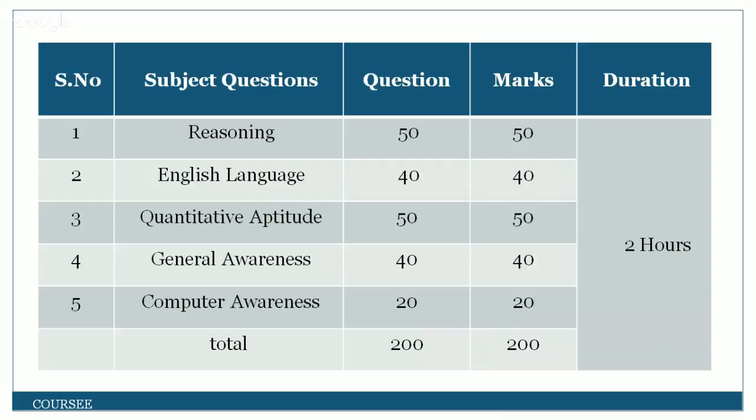English language consists of 40 questions and 40 marks. Quantitative aptitude is likewise 50, general awareness consists of 40 questions and 40 marks, and computer awareness consists of 20 questions out of 20 marks. In total, 200 questions and 200 marks are allotted for this exam.